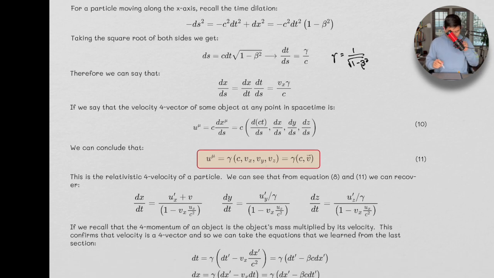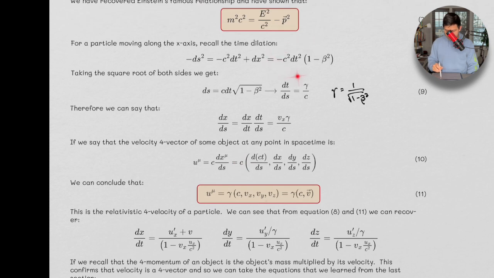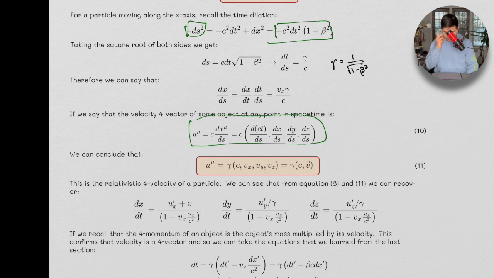So from there, we can say that the velocity 4 vector of some object at any point in space-time is this, okay? So these are sort of the ifs, right? If we say this here is equal to this, and if we say this, then we can conclude that dx mu over ds is all equal to this, right?